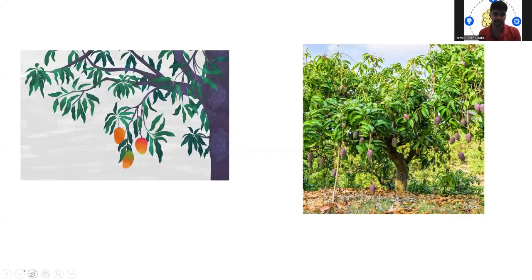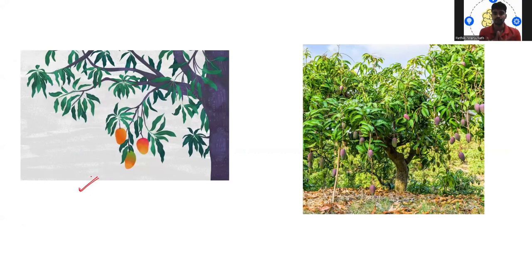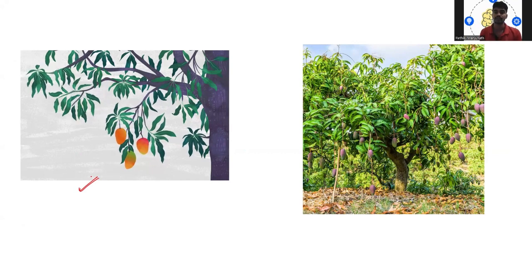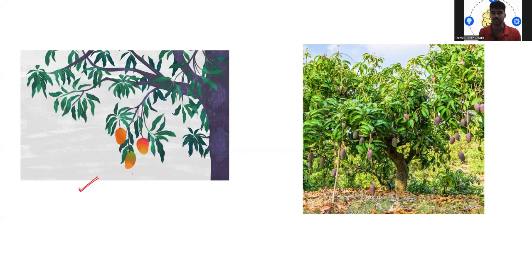For example, once a mango seed undergoes germination and grows into a plant and then a tree, that tree will resemble its parent, the mango, not a neem tree or some banyan tree.